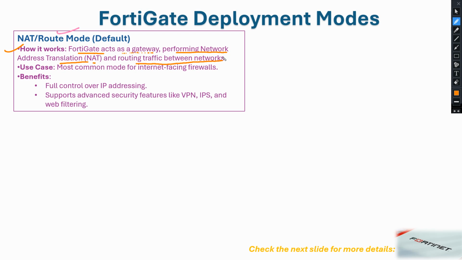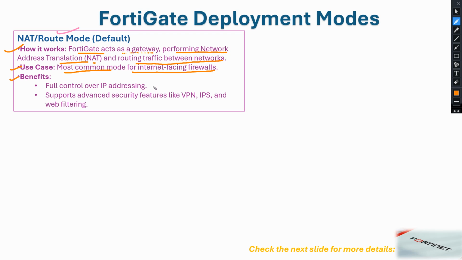If someone has purchased a firewall, then they mostly deploy it in NAT or route mode for using all these features. Use cases are like most common mode for internet facing firewalls.